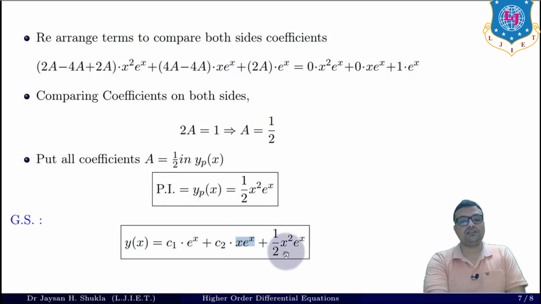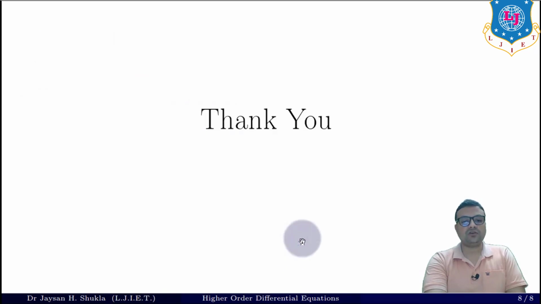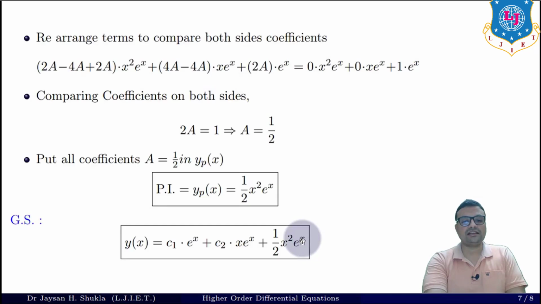So here you can see the PI, x squared e raised to x, is independent from x e raised to x and e raised to x. This must happen. Otherwise, this function will merge into these two and there won't be any role of PI.